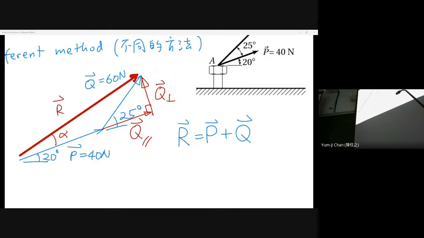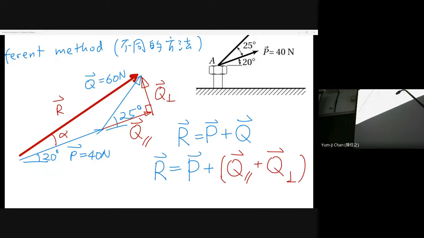We have R equals P plus Q parallel plus Q perpendicular. Is that okay? Is it logical?